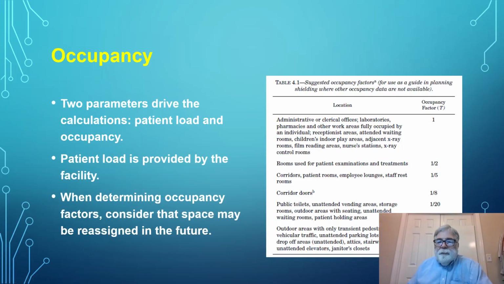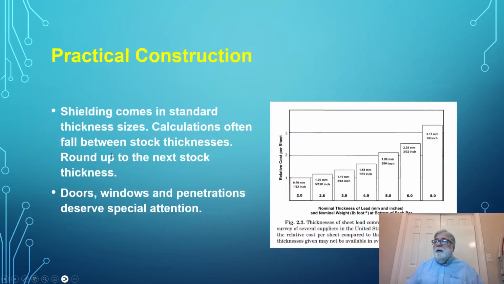And outdoor areas, sidewalks, vehicular, spend an inordinate amount of time at the same point, and that's why it's 1/40th. So those are the approved occupancy factors you'll read in this table from NCRP 147.